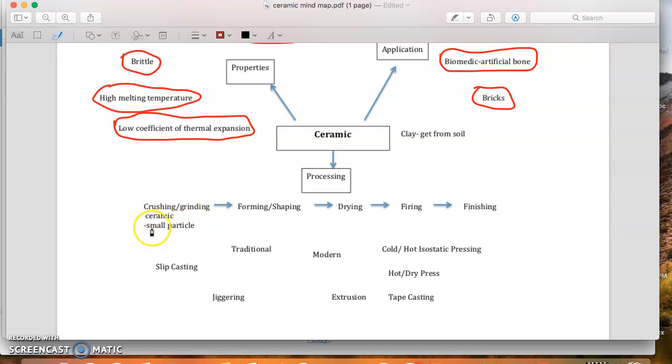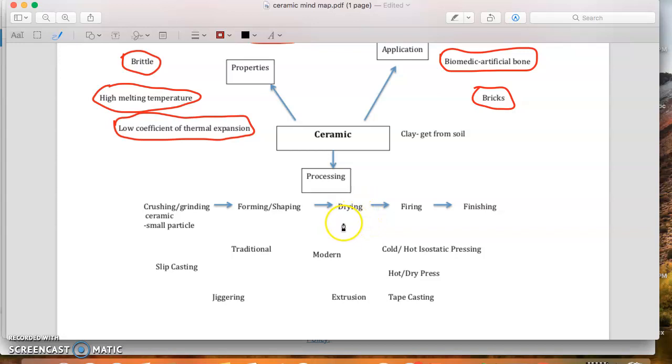We start with the production of small particles of ceramic using crushing or grinding, and then after we get the ceramic in the form of small particles, or we can say in the form of powder, we go for the next process, which is the forming or shaping process.